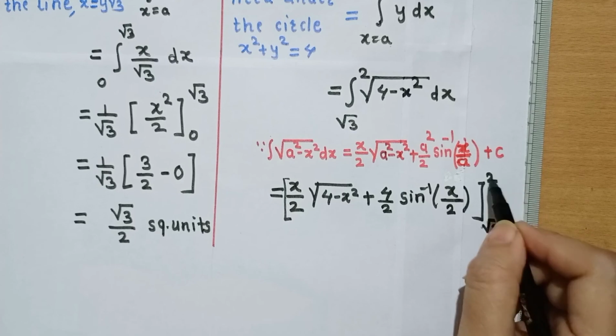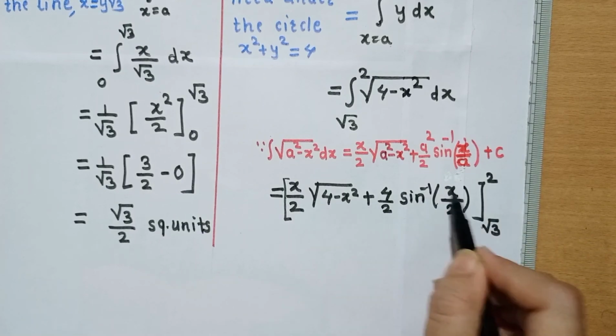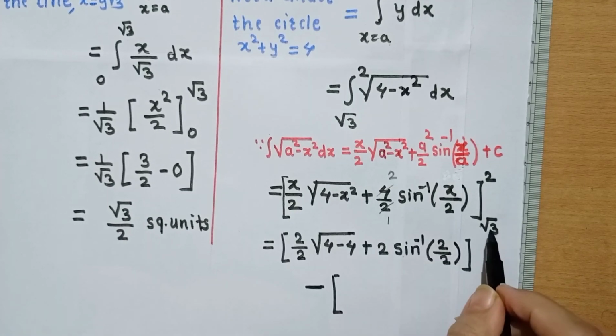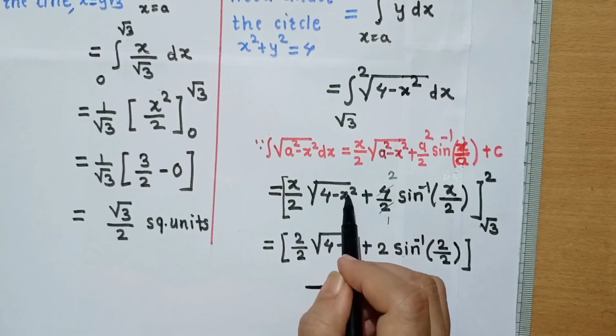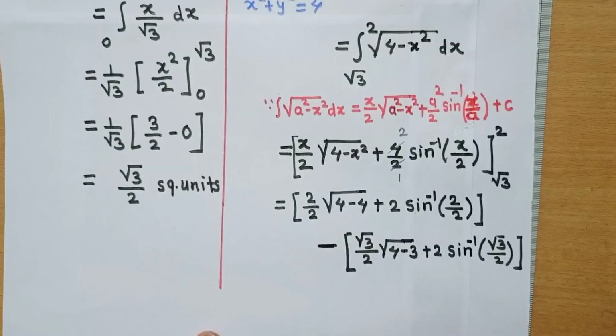And here first we will substitute the upper limit. That means wherever there is x, we will substitute 2. Then the middle sign minus, and then we will substitute root 3 wherever there is x. So here, here and here we will substitute x equal to root 3.